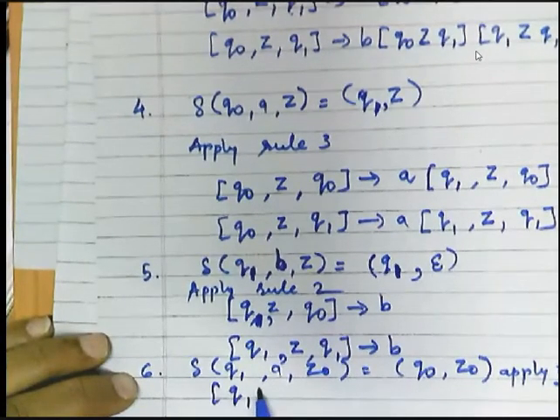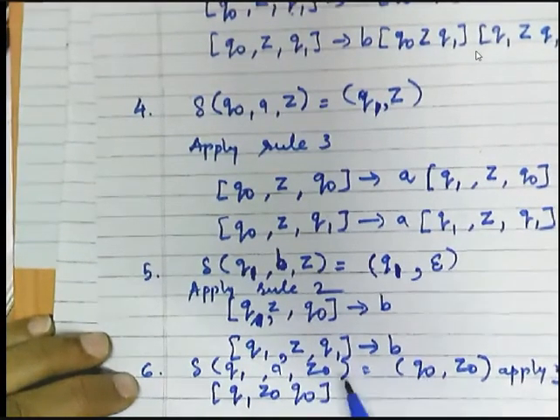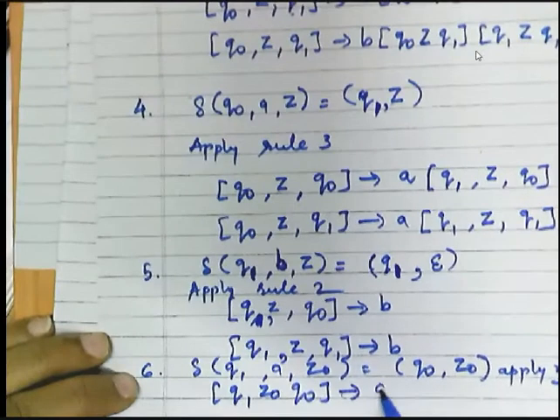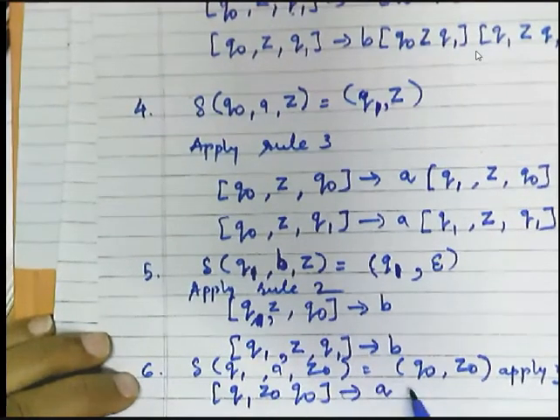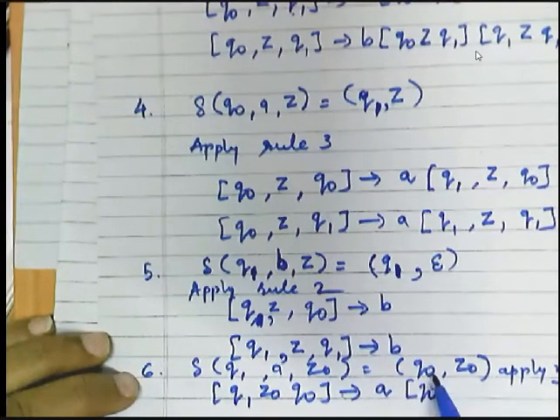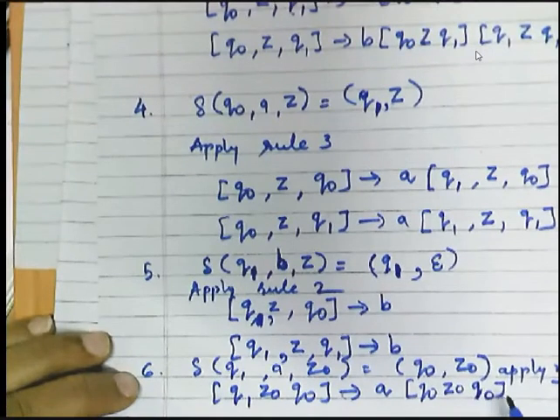Q1 Z0 Q0 is producing A, then this Q0 Q0 Z0 Q0, right?